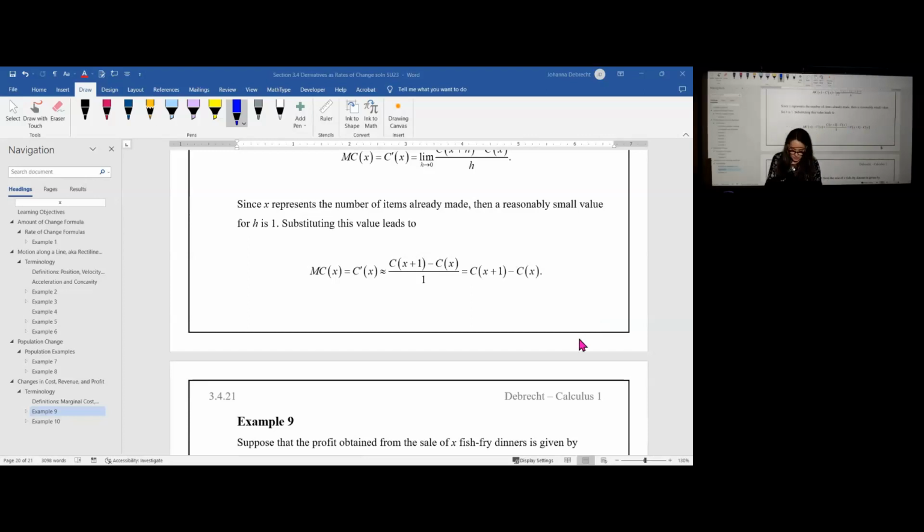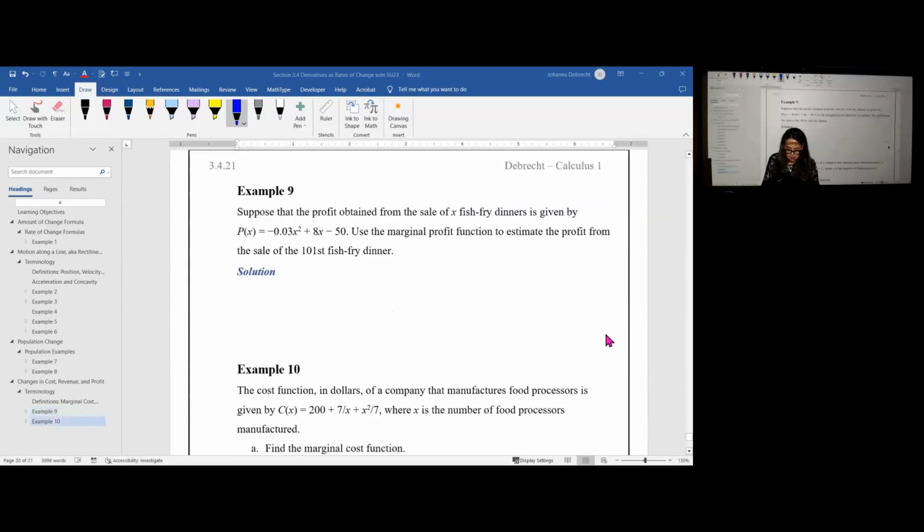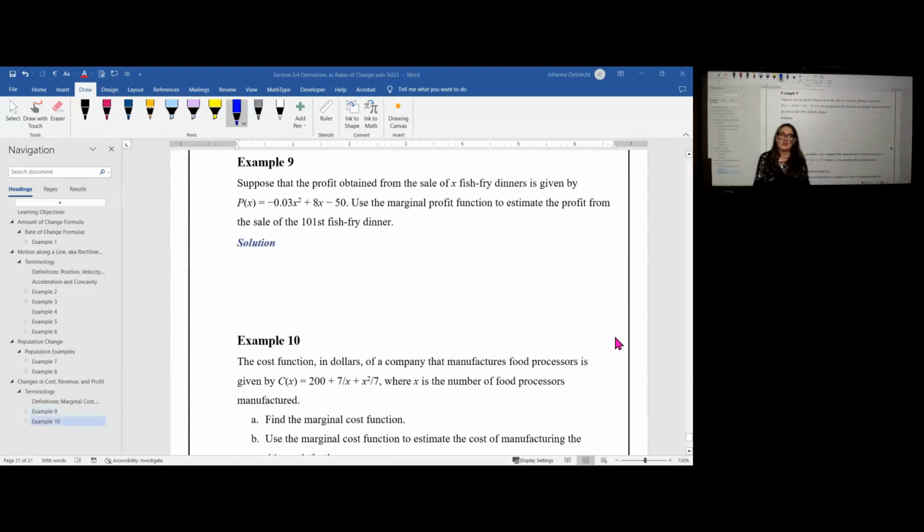Let's look at a last couple of examples to demonstrate this application of the derivative. Suppose the profit obtained from the sale of x fish fry dinners is given by negative 0.03x squared plus 8x minus 50. Use the marginal profit function to estimate the profit from the sale of the 101st fish fry dinner.